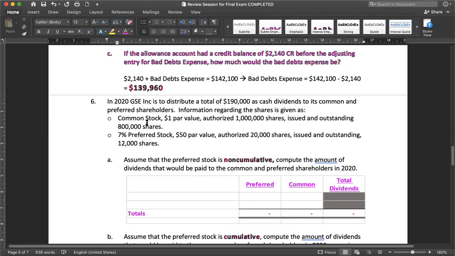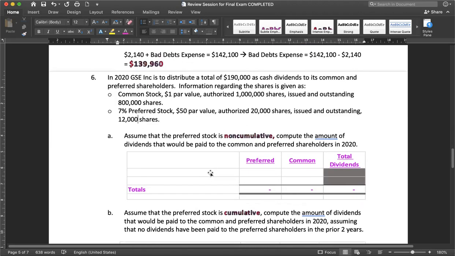So we have 800,000 common shares that would receive a dividend, and the 7% preferred stock with a $50 par value, they have 12,000 shares outstanding.